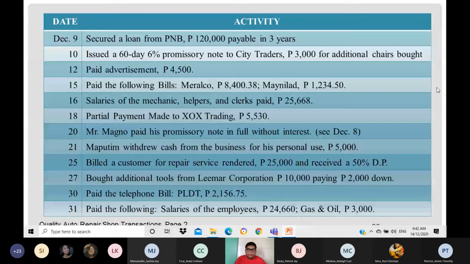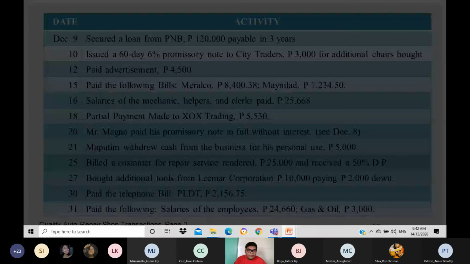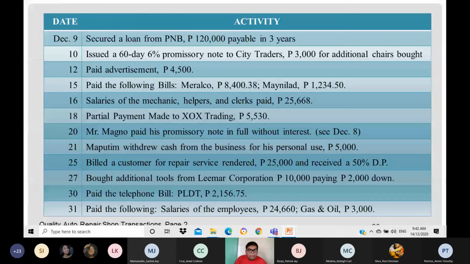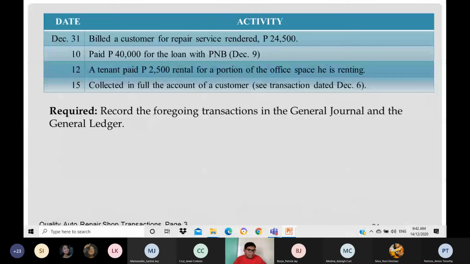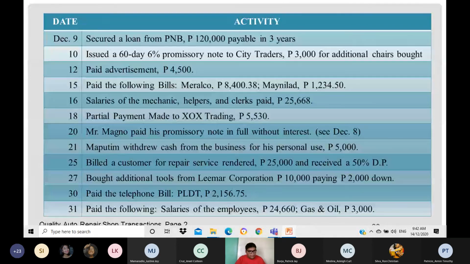Yan. So, from December 1 up to parang mali yata nilagay ko. December 31. If I'm not wrong. December 1 to December 31 yan.